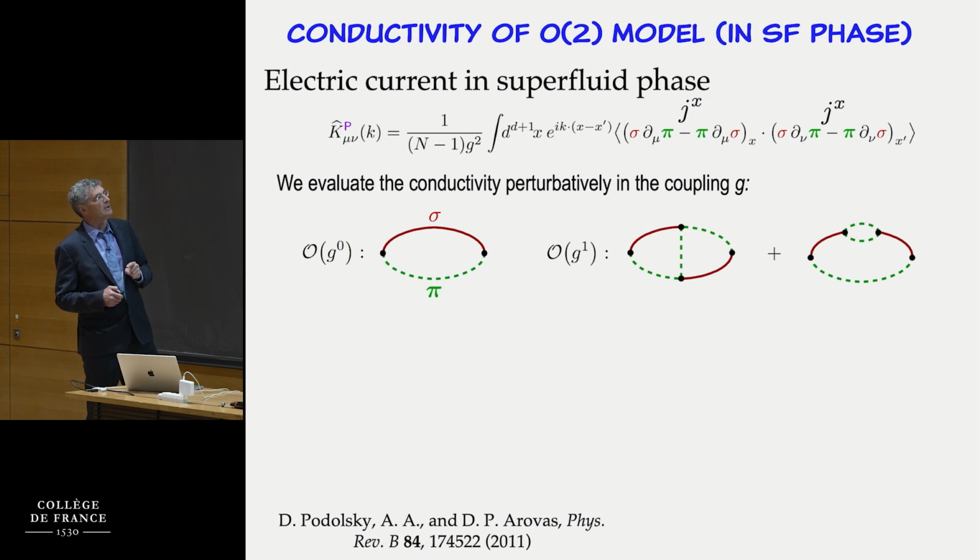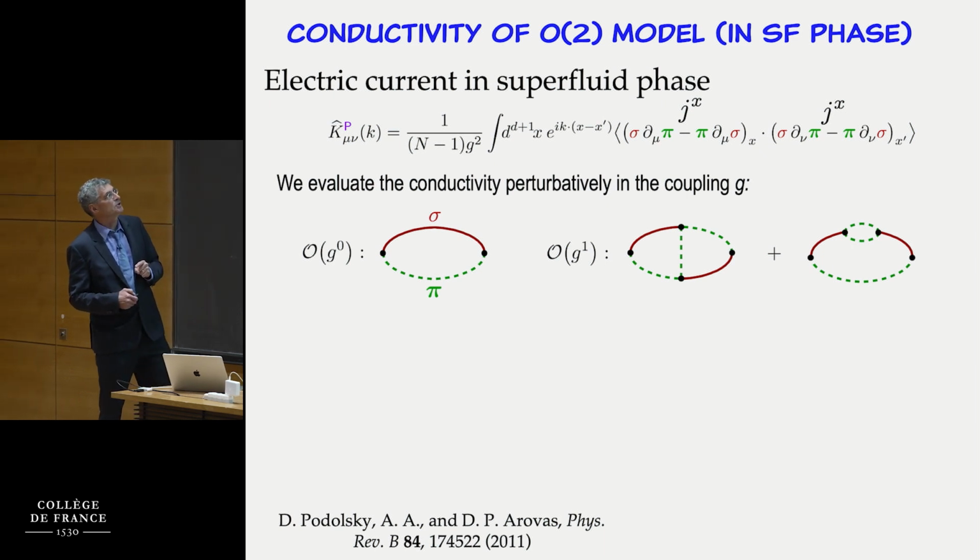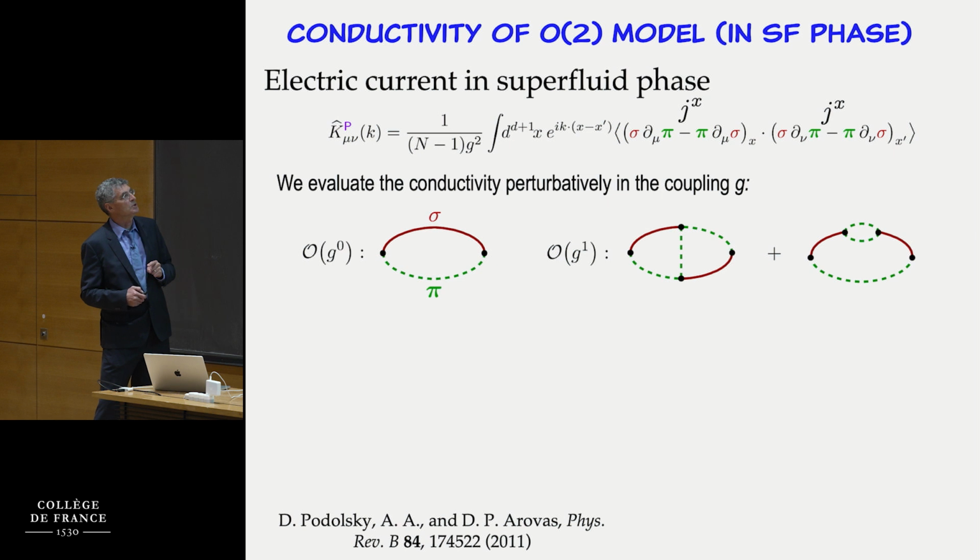There's this kind of a combination that defines the current. So when you calculate the response function at finite frequency, you have these bubbles where this is massless and this is massive. So when you calculate the response, you get a threshold where you'll start getting dissipation once the frequency becomes larger than the Higgs mass.